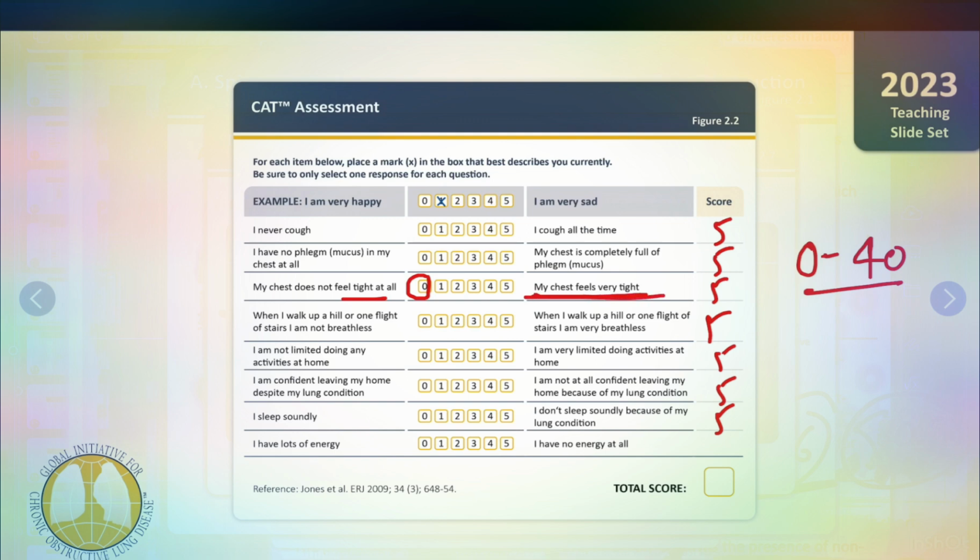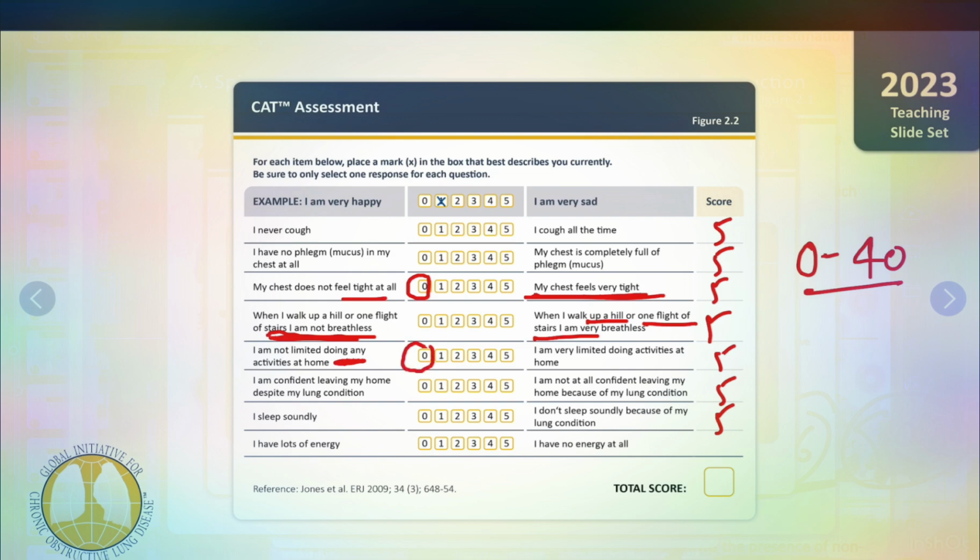Then comes: when I walk uphill or one flight of stairs, I am not breathless, then this is grade 0. If the patient says I am very breathless when I walk uphill or one flight of stairs, then it is grade 5. Then comes: I am not limited doing any activities at home, then this is grade 0.